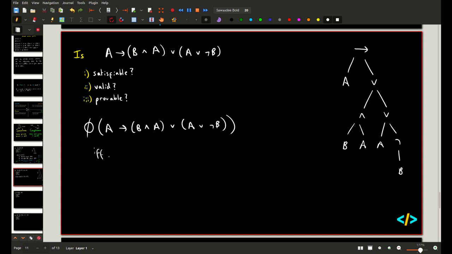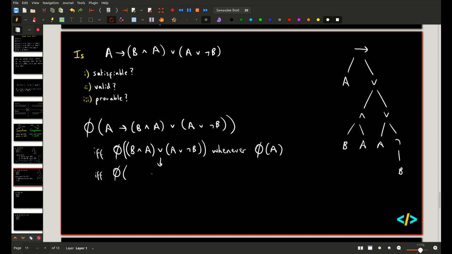So we know implies. We want to tackle the implies first. If phi of B and A or not B, whenever phi of A, sorry. So if you want to tackle this, what line would we put here?